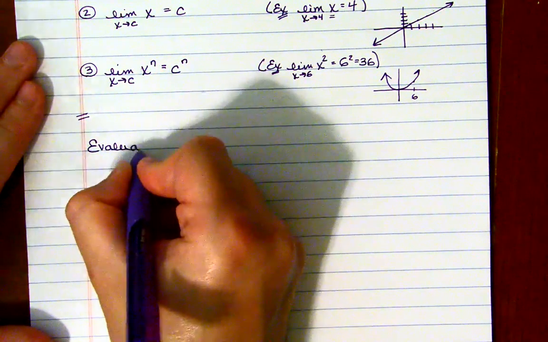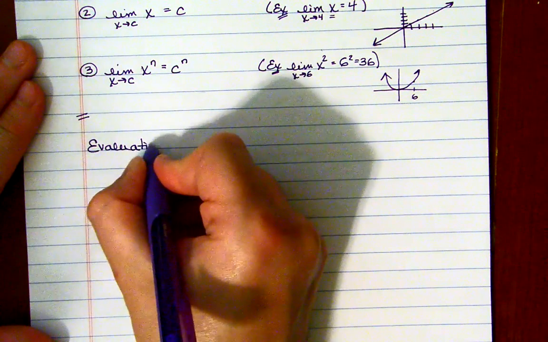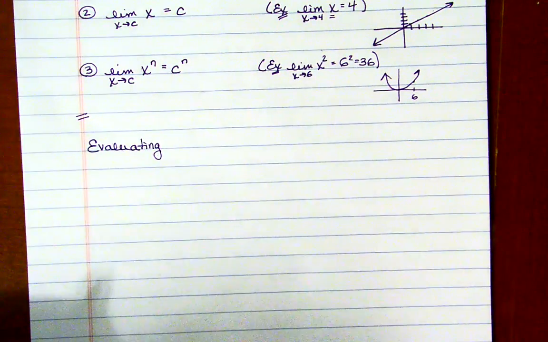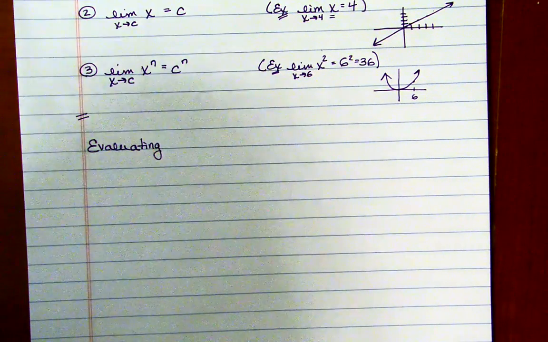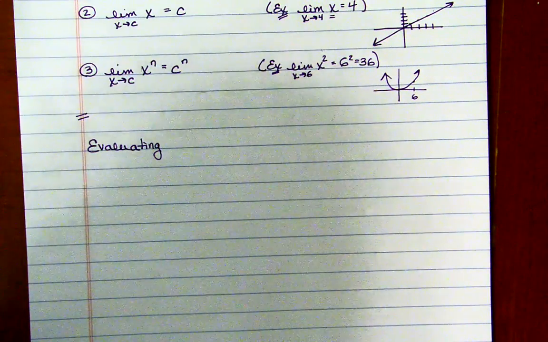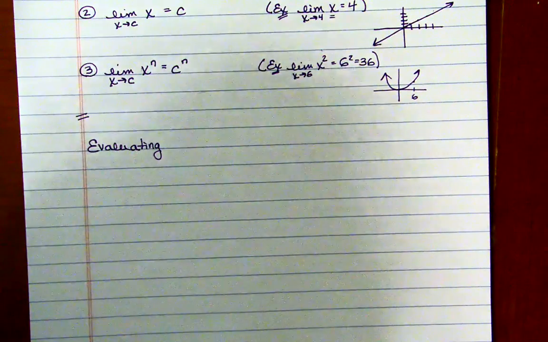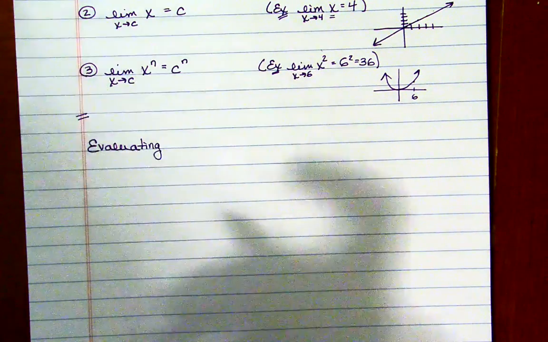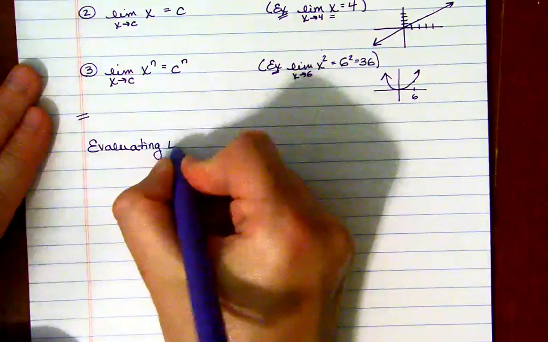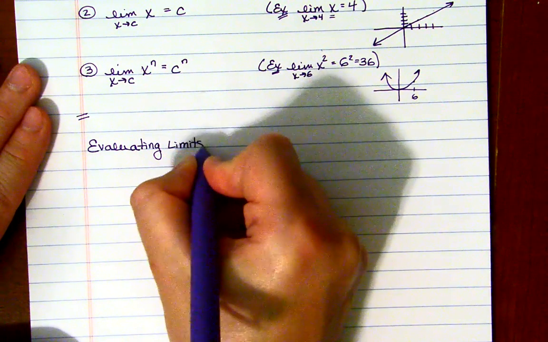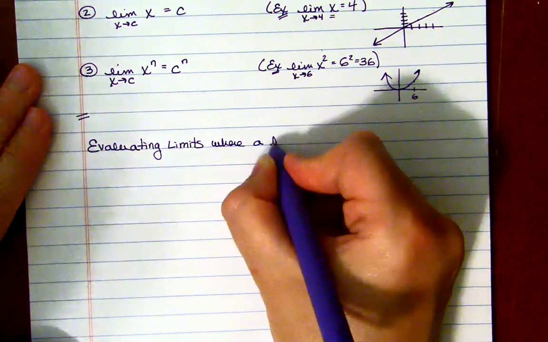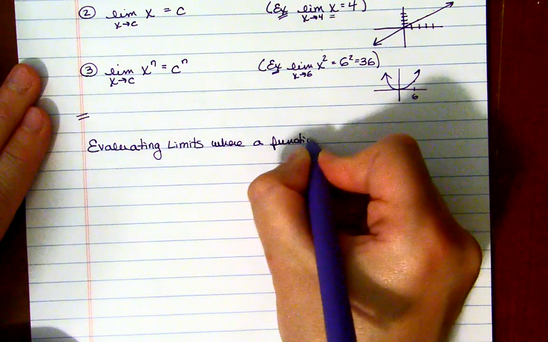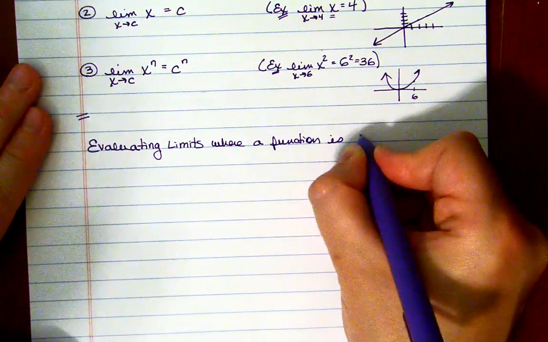And by the way, the story for the rest of this unit is going to be how to figure out limits from formulas where a function is continuous, where there's a hole, where there's a jump, where there's an asymptote. We're going to go through all those different cases and see how to work with formulas if I'm not just looking at a graph or a table of values. Evaluating limits where a function is continuous.